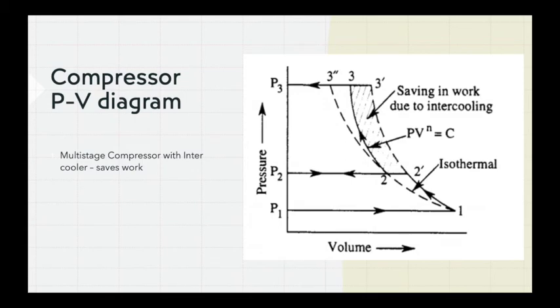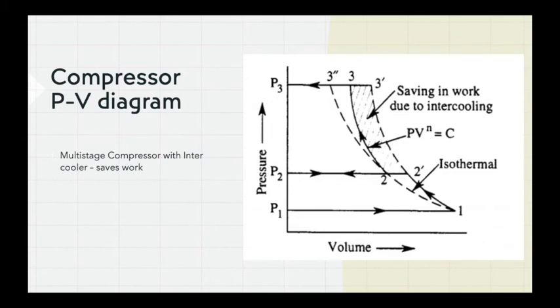Now, let's assume it's a multi-stage compressor. If it's a multi-stage compressor, the air will enter into the LP compressor at point 1. This air is getting pressurized in the LP compressor, or I would say first stage compressor, and reaches the point 2 dash.